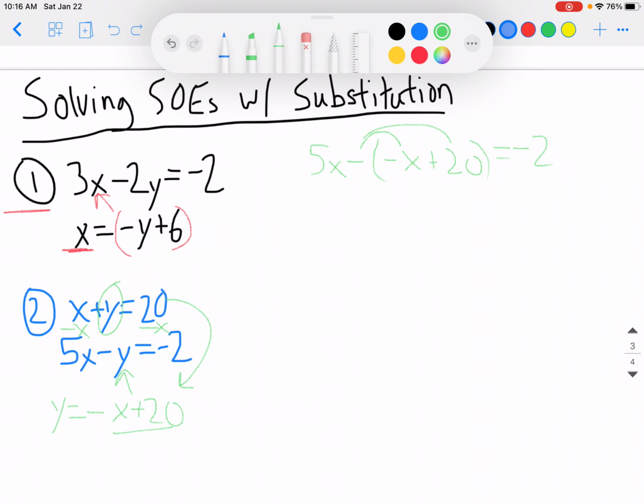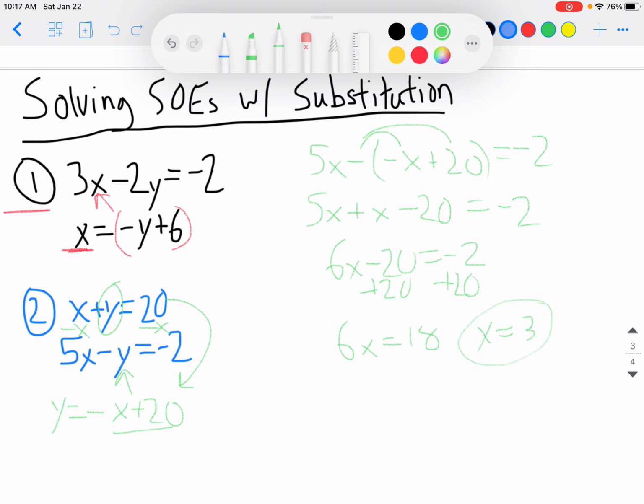Distribute. So minus negative x is actually going to become plus x minus 20 is equal to negative 2. Here I'm going to get 6x minus 20 is equal to negative 2. Add 20 to both sides. And I have 6x equals 18, meaning x has to equal 3.